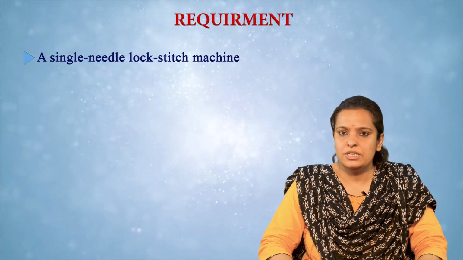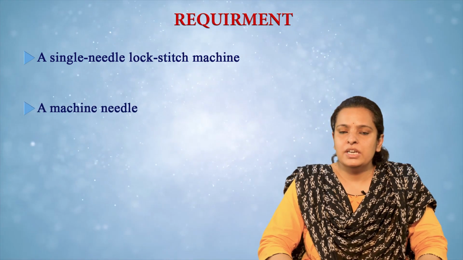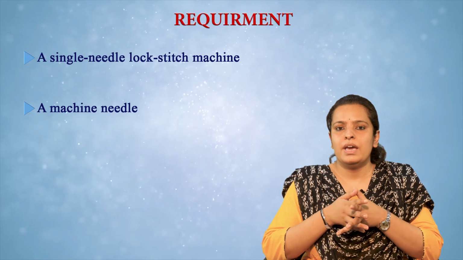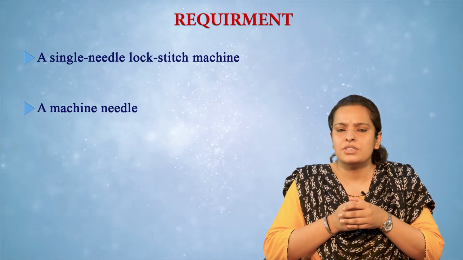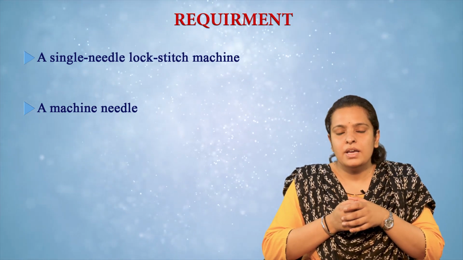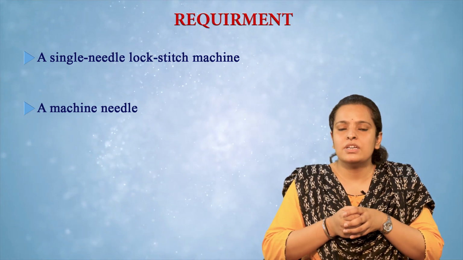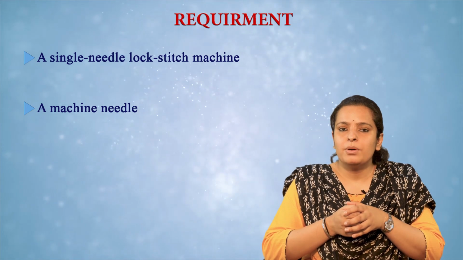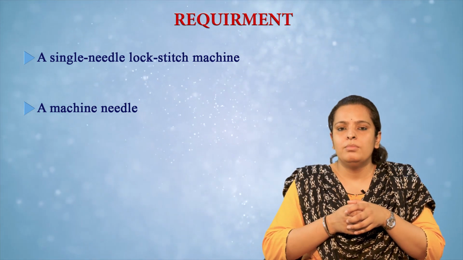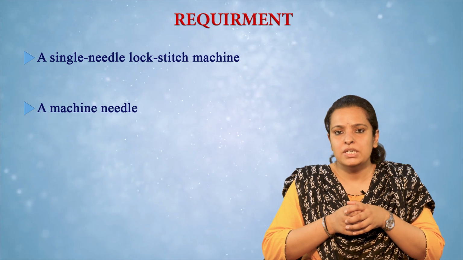So what is the first most important thing you will require while doing this activity? The first and most important thing you need is the single needle lock stitch machine. Then you need a machine needle. Needles we have also discussed in our earlier sessions, they are of different types, and the needles which we use for hand stitching or hand sewing are very different from the needles used for machine stitching.